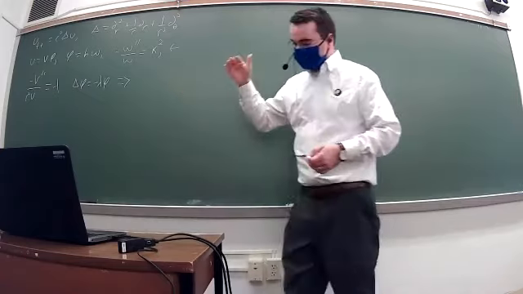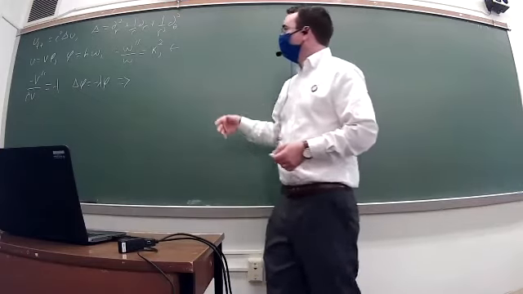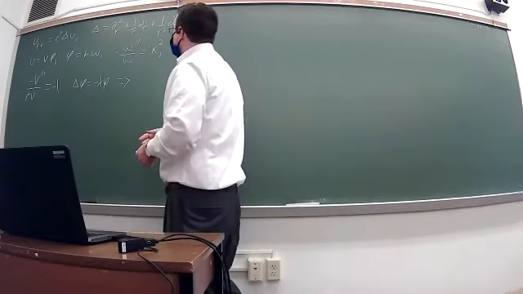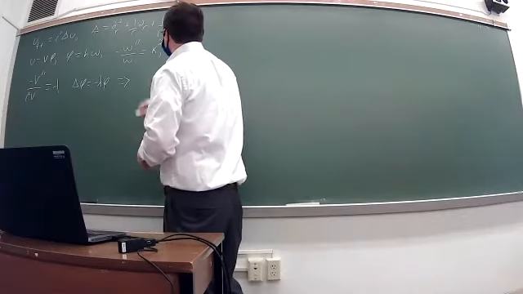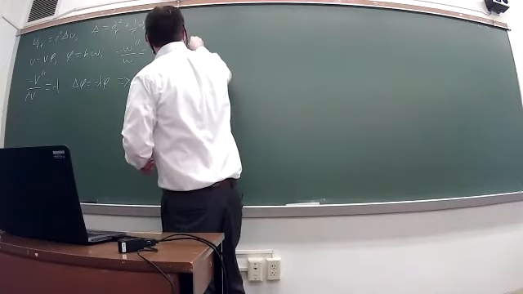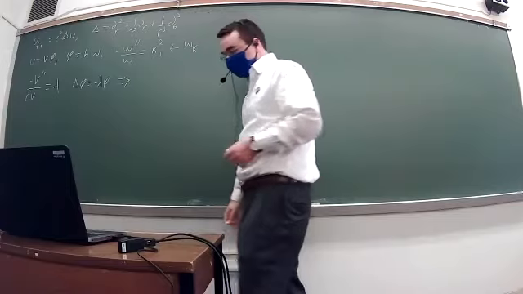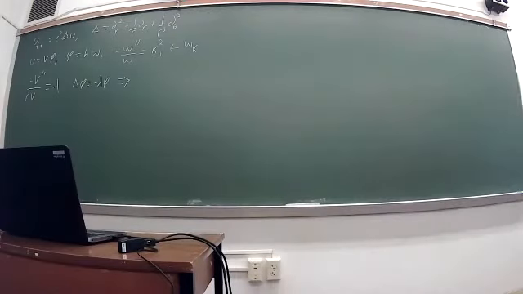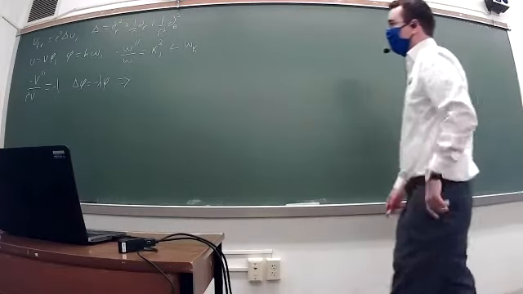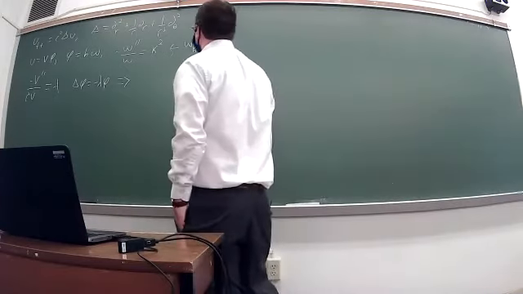So k can be 0, 1, 2, 3, or even negative, like -1, -2, -3. And so for each one of these, you get a solution that you might call omega k. In fact, since it's a second order ODE, you get two linearly independent solutions for each k.